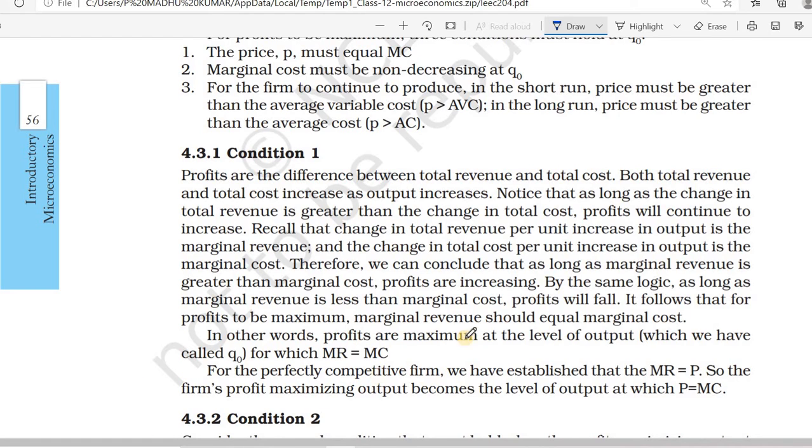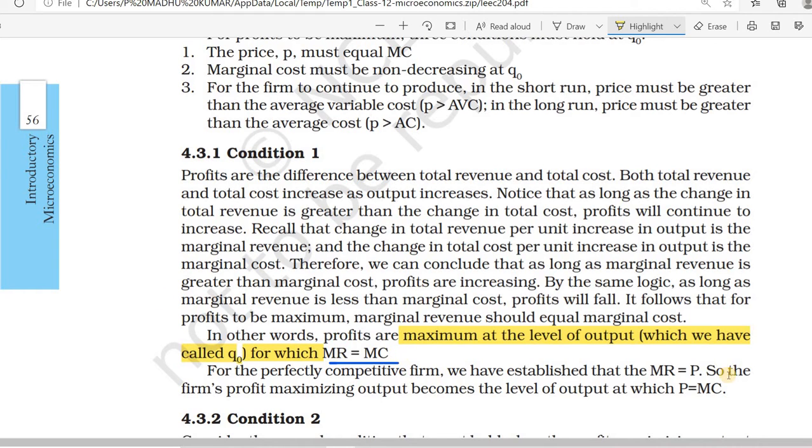The first condition is that profits are maximum at the level of output where MR equals MC, meaning marginal revenue equals marginal cost. Where profit is maximum, MR equals MC, meaning at least marginal cost should be higher than or equal to marginal revenue.